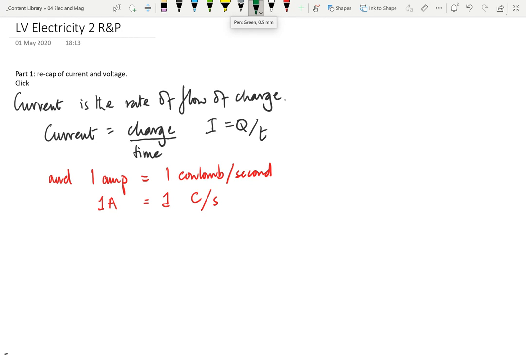While we're talking about amps, we must visit the current rule. So I've got the green pen, here it comes, current rule. Now the thing that was discovered pretty quickly about current is that current is not used up.